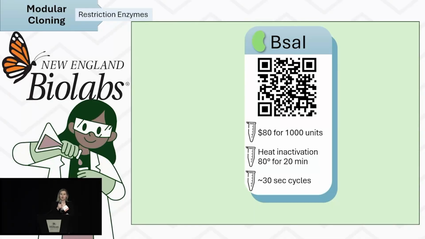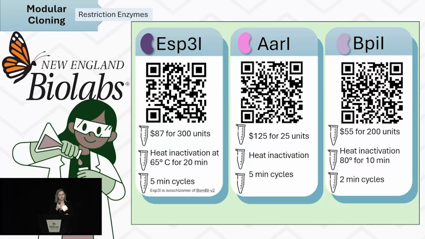Like I said, the most common type 2 restriction enzyme is BsaI. So it's relatively cheap at about $80 a reaction. It can be heat inactivated easily. And when you're using it for modular cloning, it takes about, on average, 30 seconds a cycle, so it's relatively quick. Systems will typically use a secondary restriction enzyme for their reactions as well.